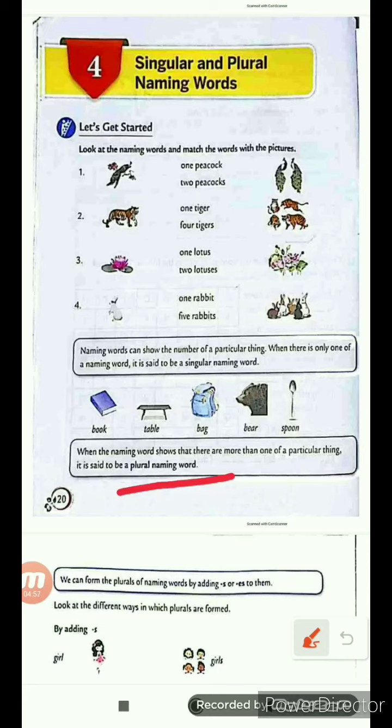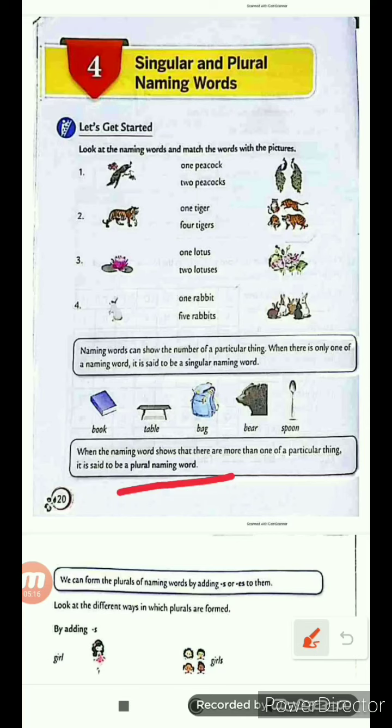We can form the plurals of the naming words by adding S or ES to them. When we add S or ES, we make the naming word plural.